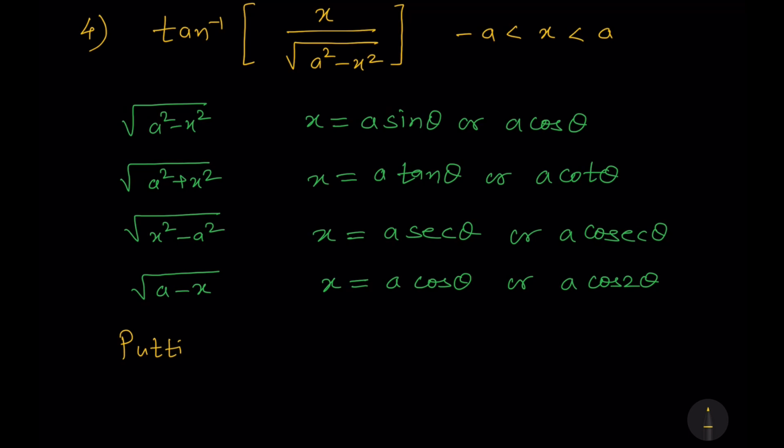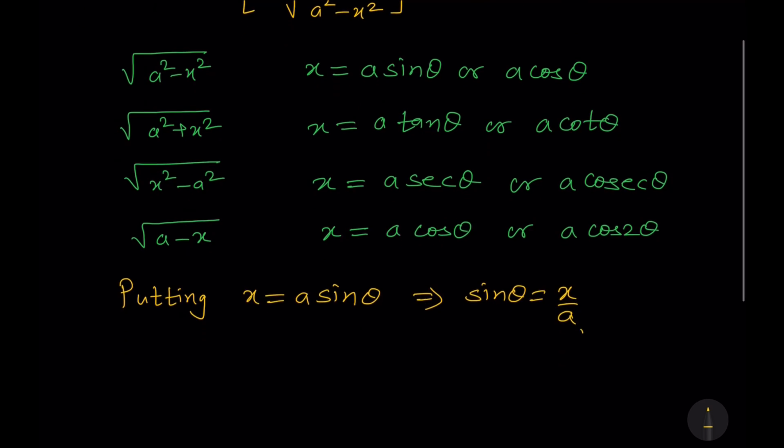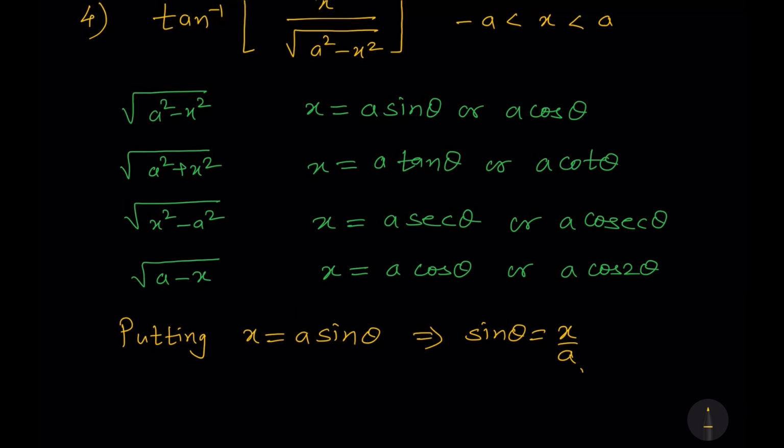Now let's continue with our problem. In this case we are going to substitute x as a sin theta. So putting x is equal to a sin theta, this implies sin theta is x upon a.